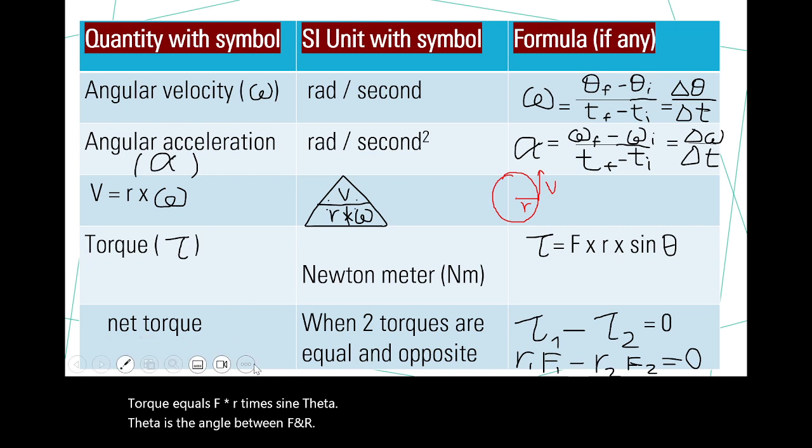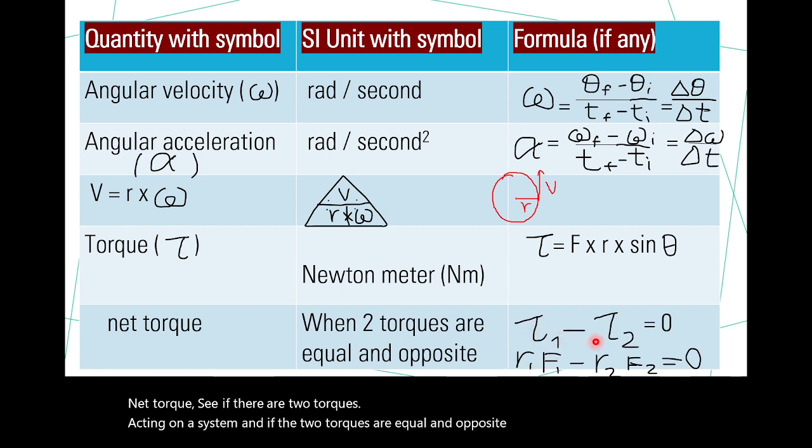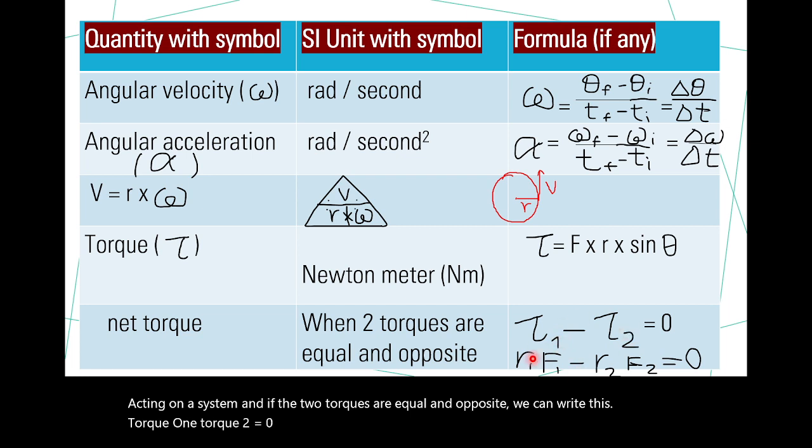Now, next is net torque. If there are two torques acting on a system, and the two torques are equal and opposite, we can write torque 1 minus torque 2 equals 0. We can use this formula to find the unknown. Torque can also be F times R if sine theta becomes 1.